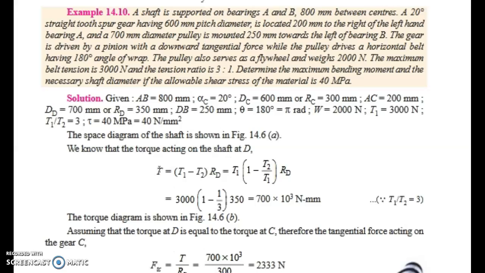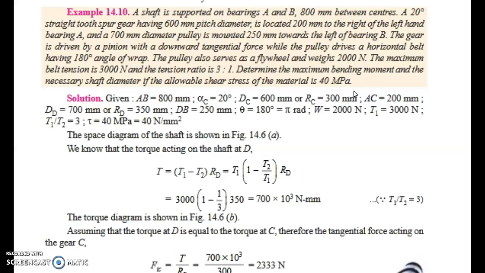The pulley also serves as a flywheel and weighs 2000 Newton. The maximum belt tension is 3000 Newton and the tension ratio is 3:1. Determine the maximum bending moment and the necessary shaft diameter if the allowable shear stress of the material is 40 megapascal. So this is the question.